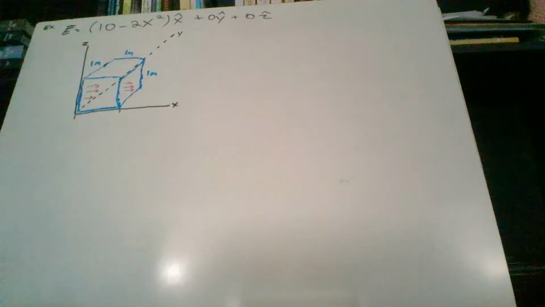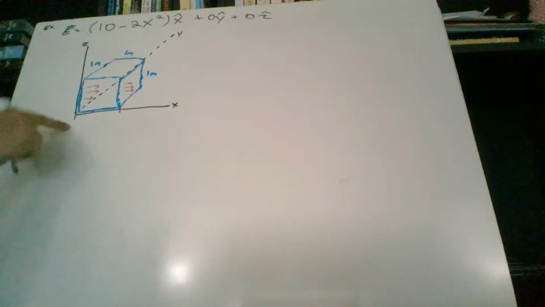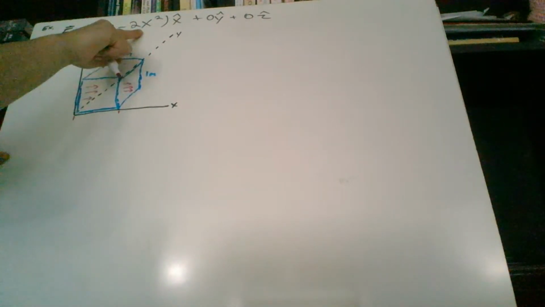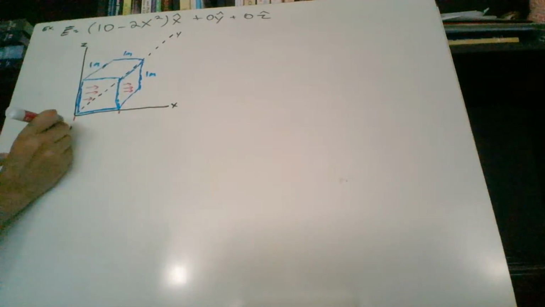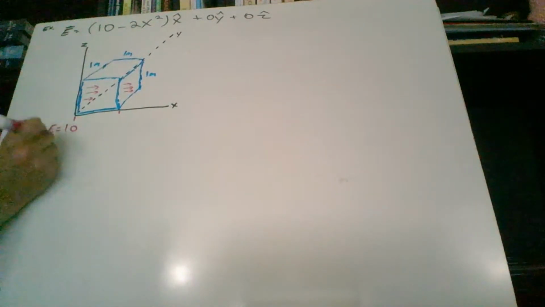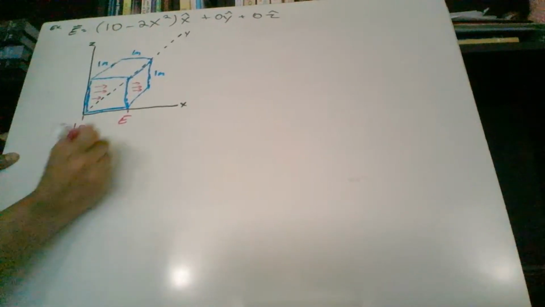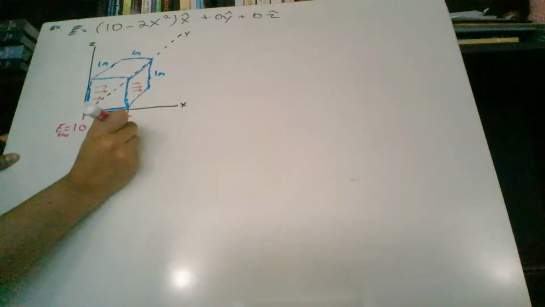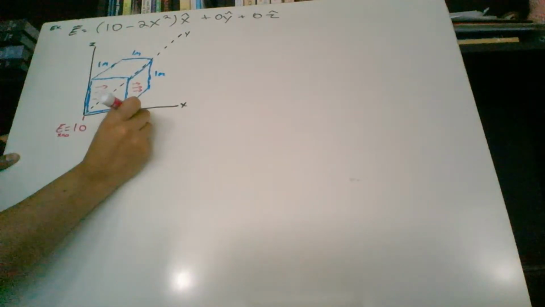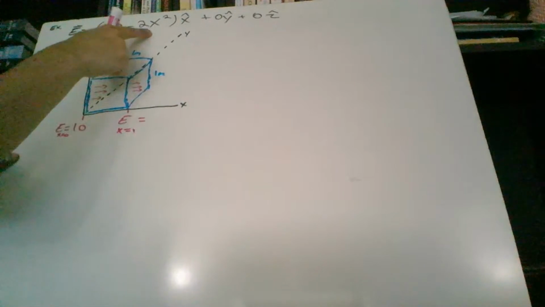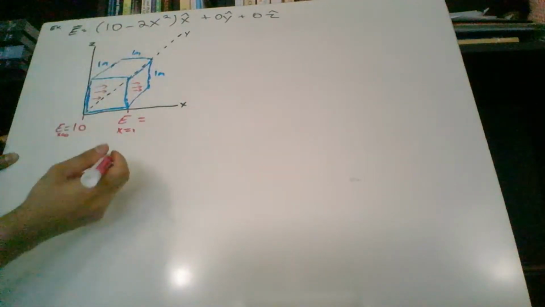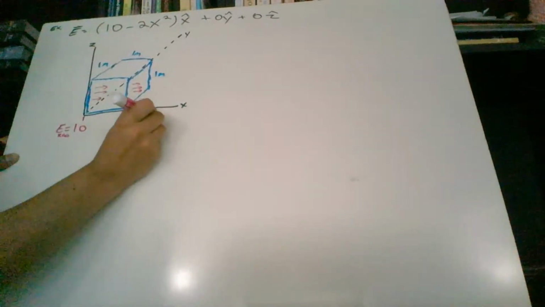When we do that, what we'll get is the electric field here. If you plug in 0, the electric field is just going to be 10 at x equals 0. And the electric field at x equals 1, if I plug in 1 here, 10 minus 2 is 8.